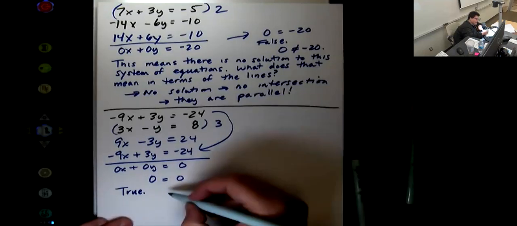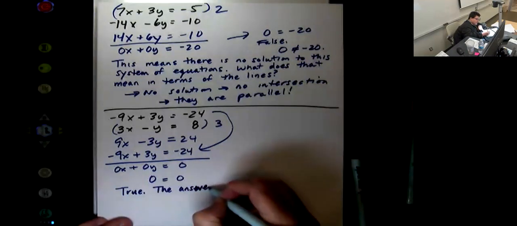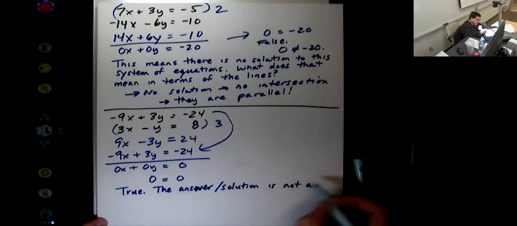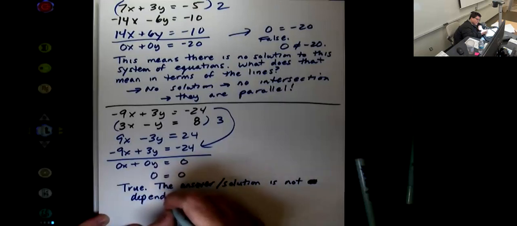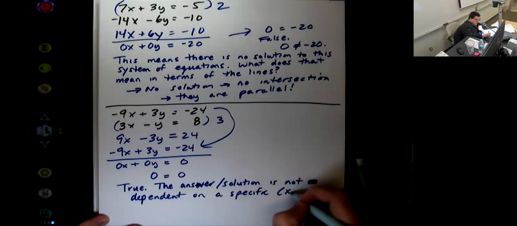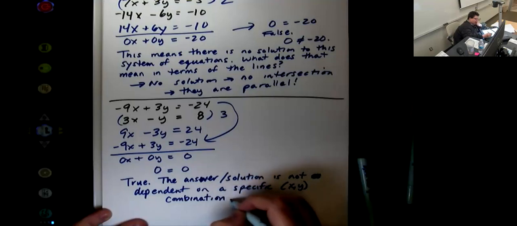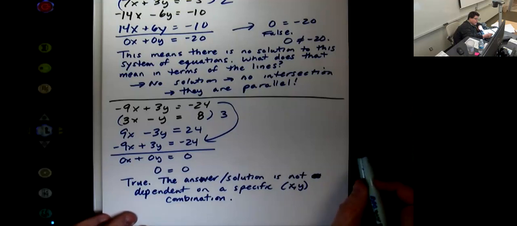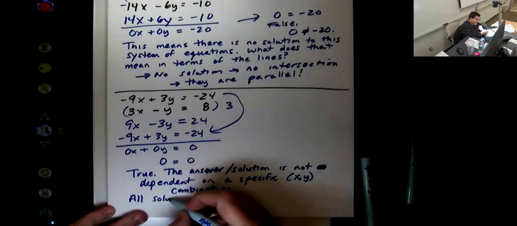This means the answer is not dependent. The solution is not dependent on a specific x or y. And what this means is all solutions that solve one line solve both.